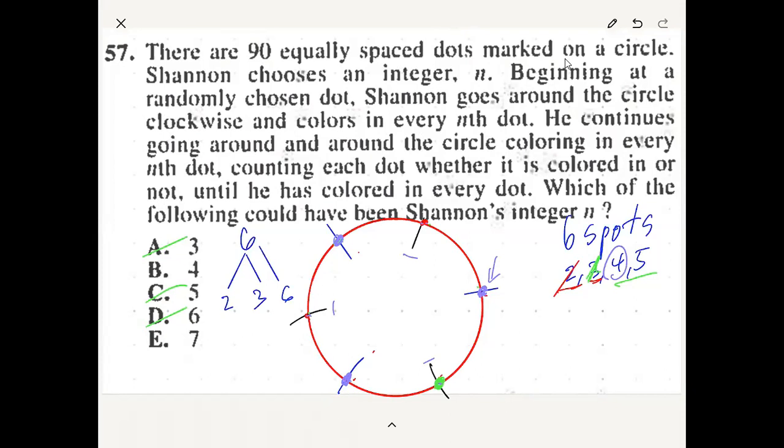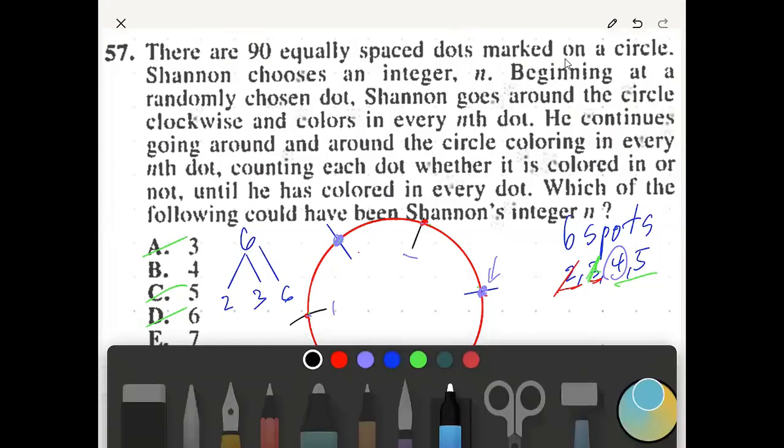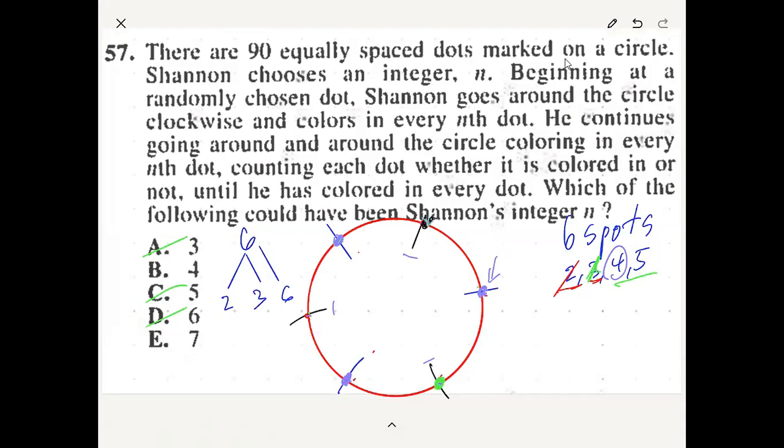And then I tried 5. So let's start here. I said 1, 2, 3, 4, 5. All right, so I would color this one. And then I would go 1, 2, 3, 4, 5, and color this one. And then I would keep doing that. And eventually I'm going to make my way around the entire circle and I'm going to eventually color everything.